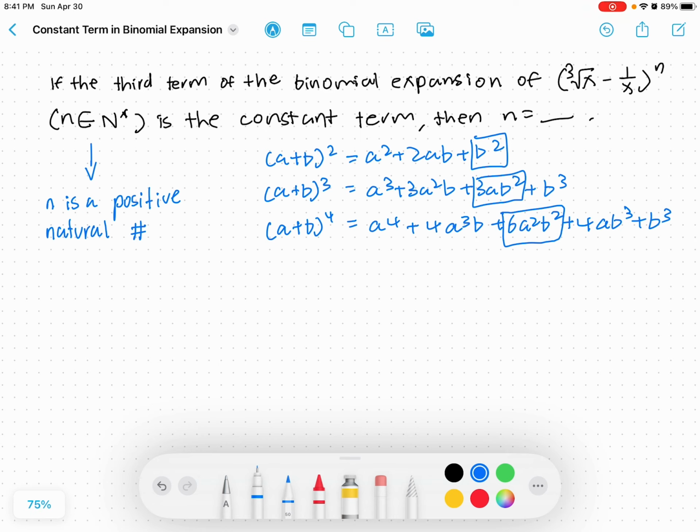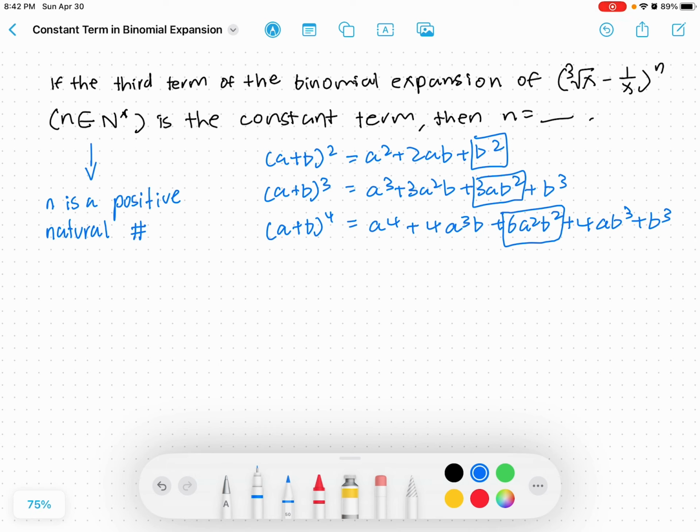Well, note that in each of these binomial expansions, each term will actually be a to some power times b to some power. Like a squared equals a to the power of 2 times b to the power of 0. 2ab will equal 2 times a to the power of 1 times b to the power of 1.